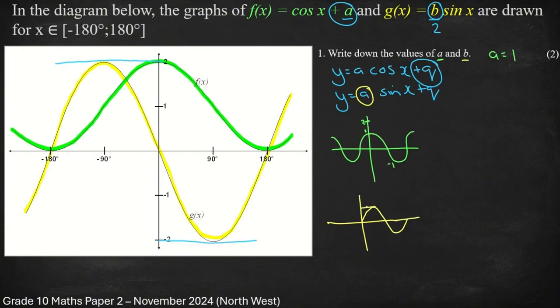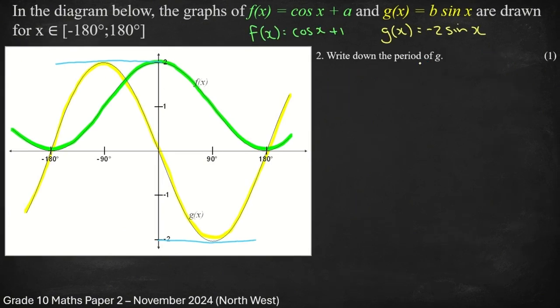Okay, so this is 1 and this is -1. But now this graph goes downwards first. And that means that the graph has been reflected in the x-axis. So the number in front of this 2 must be negative. Therefore, b is equal to -2. So what I'm going to do now is I'm just going to rewrite both these equations with the new values.